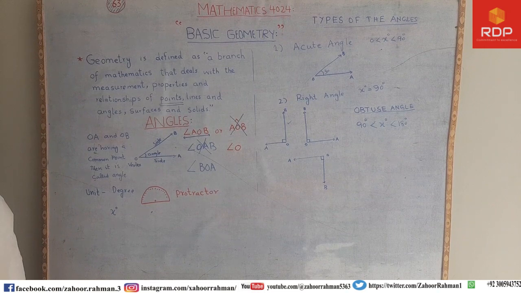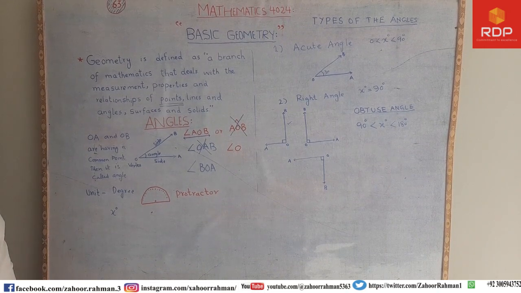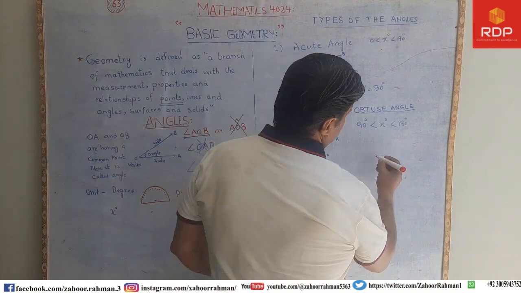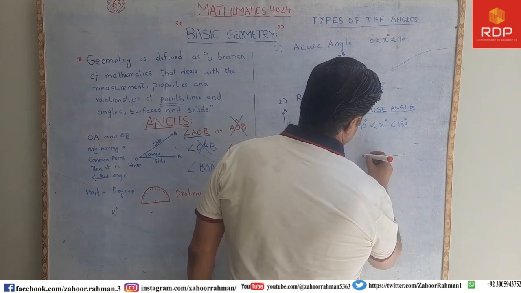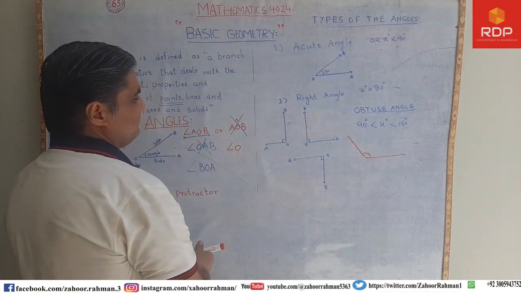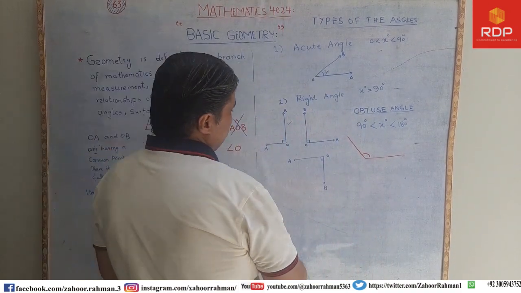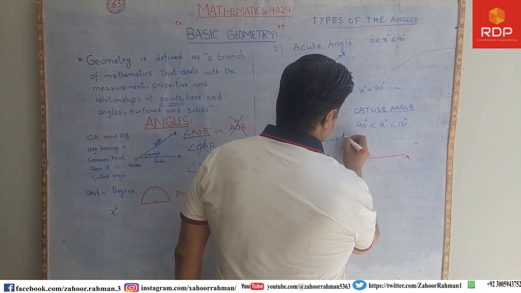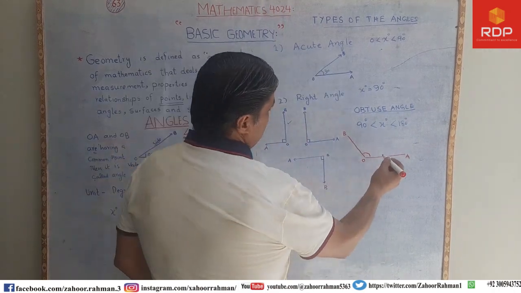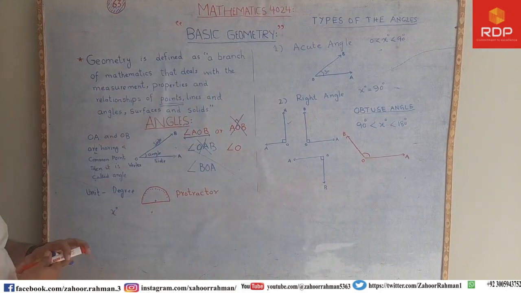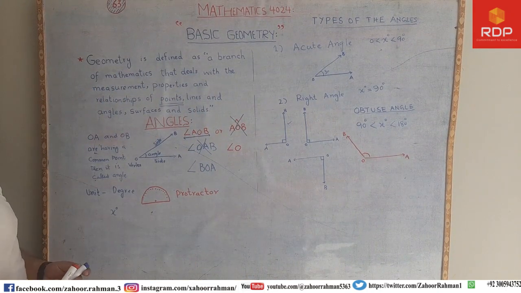So from 90.1 to 179.9, very technically we are saying that if an angle is greater than 90 degree, this is called obtuse angle. This is O and this is B. Arrowhead must be there because two rays must intersect each other.